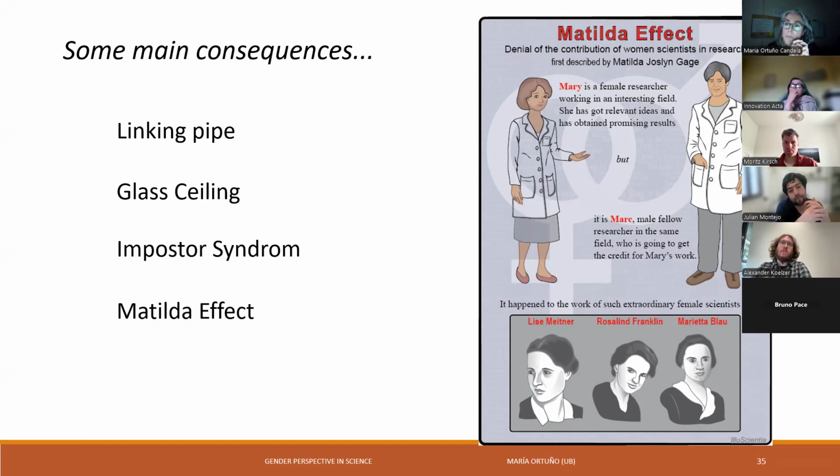The impostor syndrome. This is something that may occur to many people, no matter the gender, but it is very common in women in science, that they feel that they are not deserving of the position, or they are not good enough compared to their colleagues. And the Matilda effect is this one that we have here: even Marie Curie was not credited for the work she did.